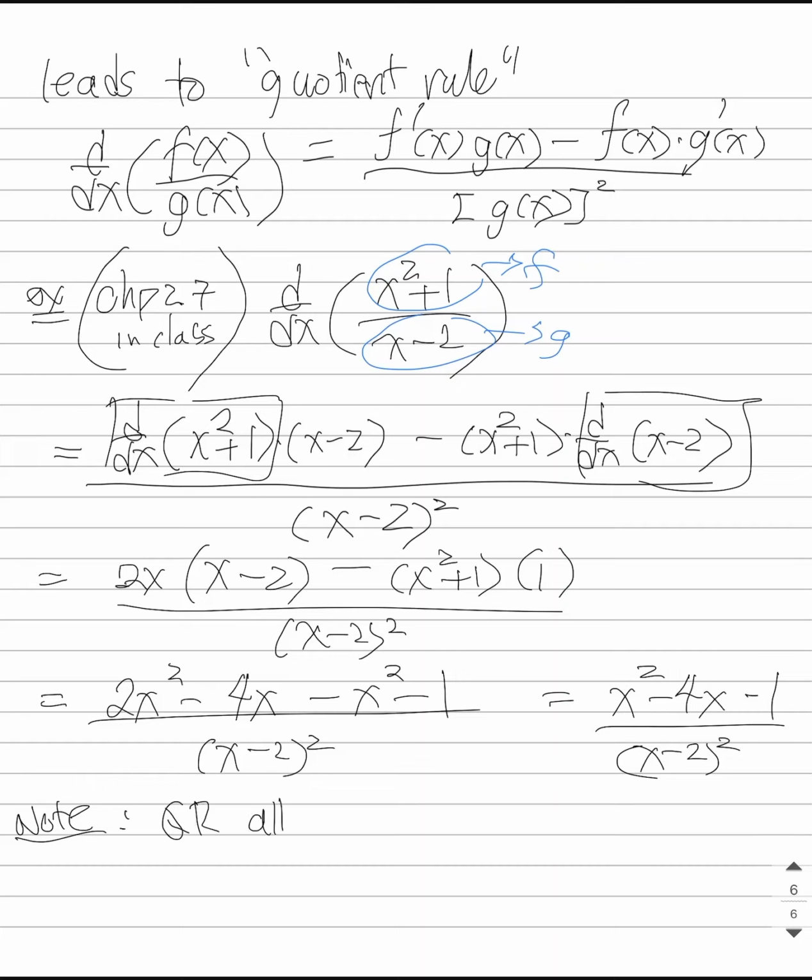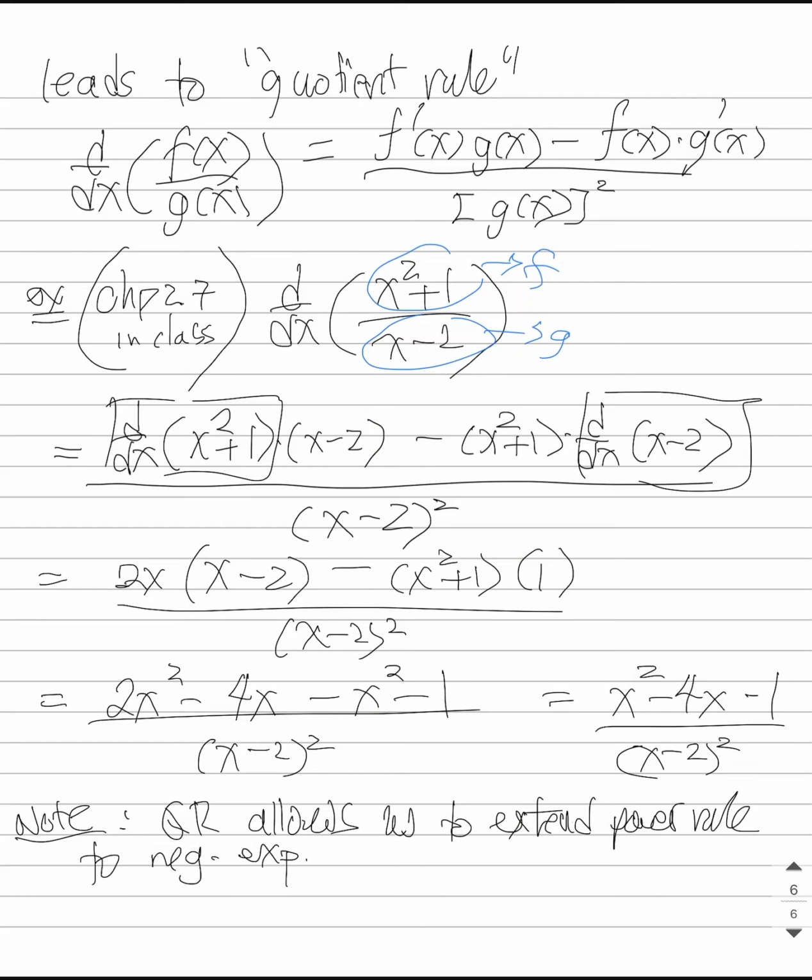The quotient rule allows us to extend the power rule to negative exponents. Now, at last class, we said that the power rule applies to all real numbers upstairs in the exponent, but the proof that we did only allowed us to use integers. 1, 2, 3, 4, 5, 6.